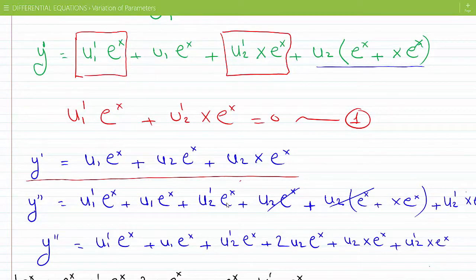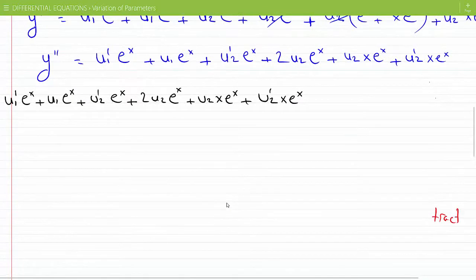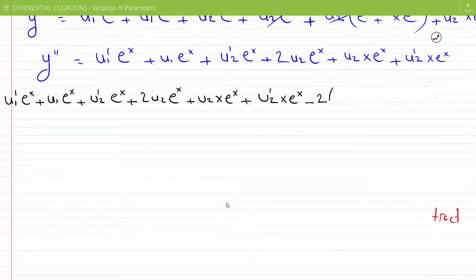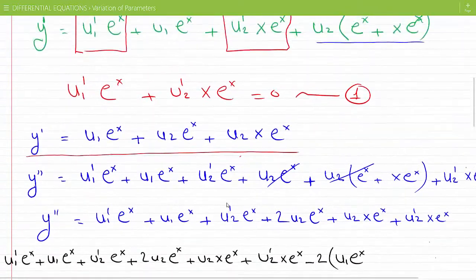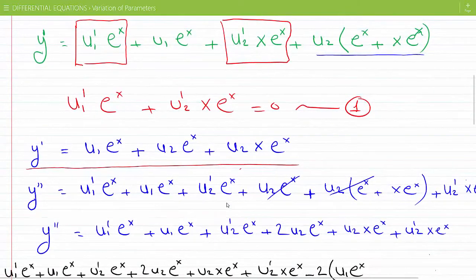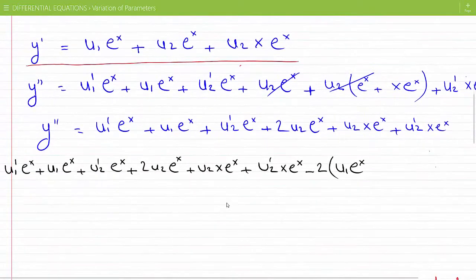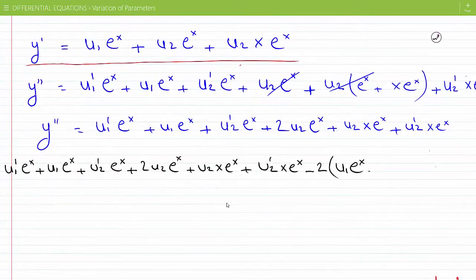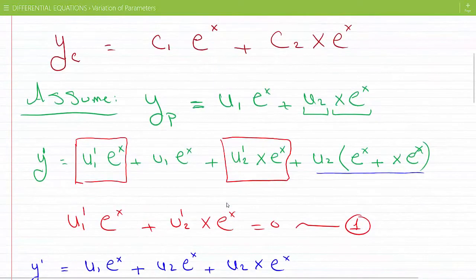So we get minus 2 times u1 e to the x plus u2 e to the x plus u2 x e to the x, plus y.